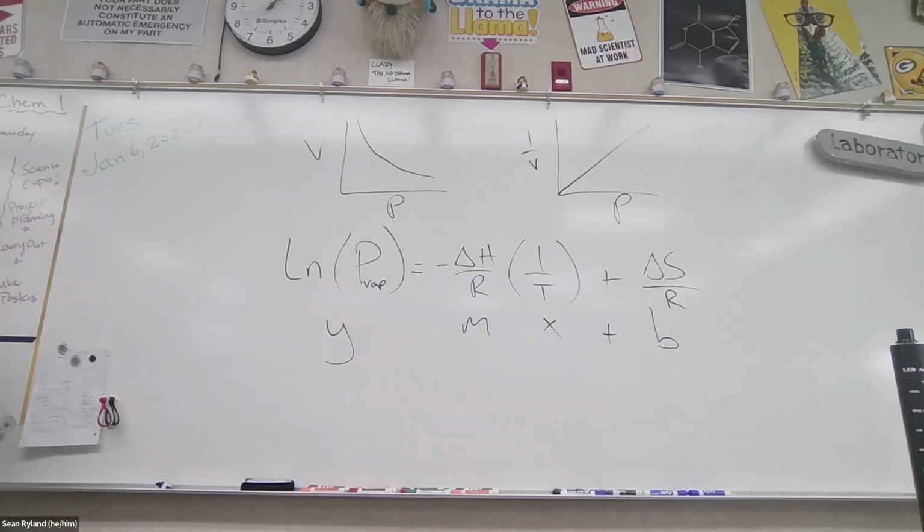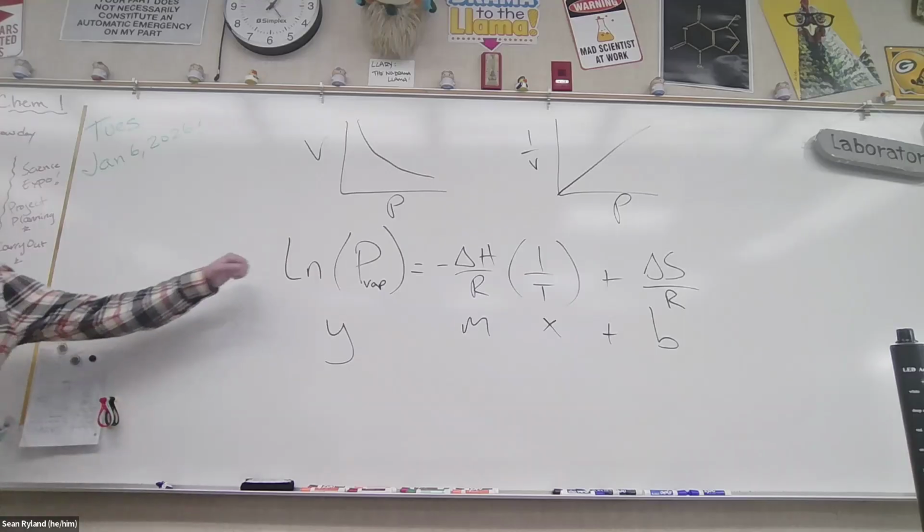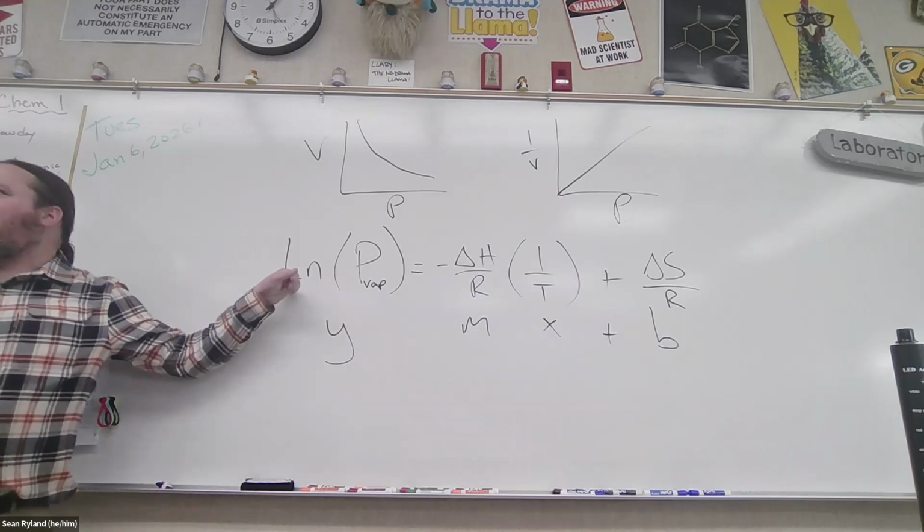What variables would we plot to get a straight line? What would be the y value? We could take our vapor pressure at different temperatures and then take the natural log of it and make that our y.